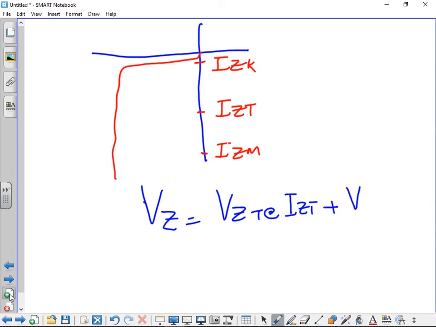plus VZZ, whereby in order to be able to get VZZ, we need ZZ multiplied by the change in current, IZ.